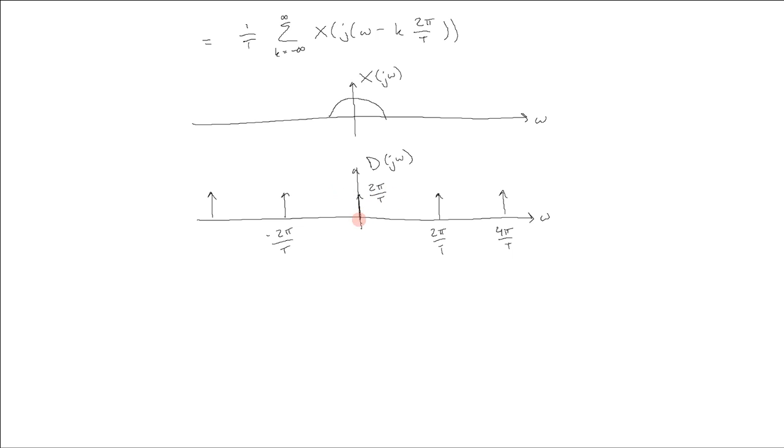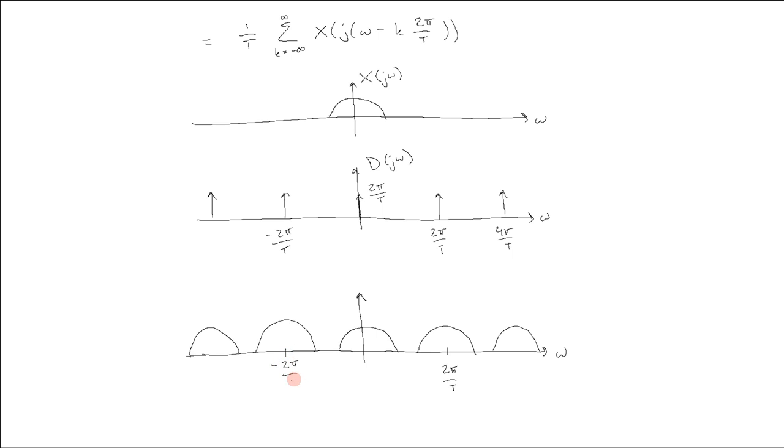And then when we take the convolution of these two signals, our result is exactly what we have up here, and that's just going to be our original signal shifted to each one of these delta locations. And that's another way to show the same exact thing, that we now have this periodicity of the frequency spectrum.